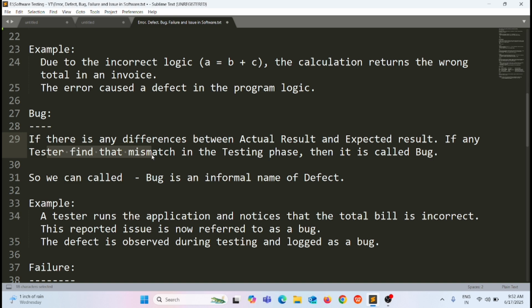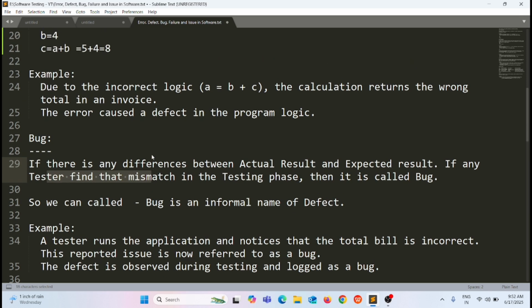So a defect means the difference between expected results and actual results is found by the developer in the development phase. And a bug means that mismatch is found by the tester in the testing phase.